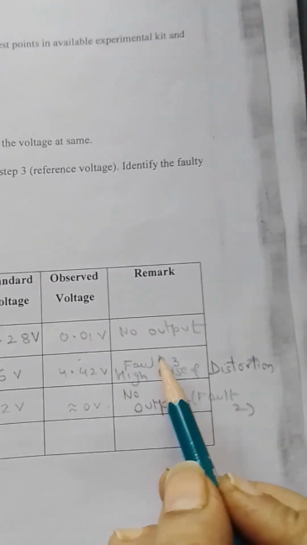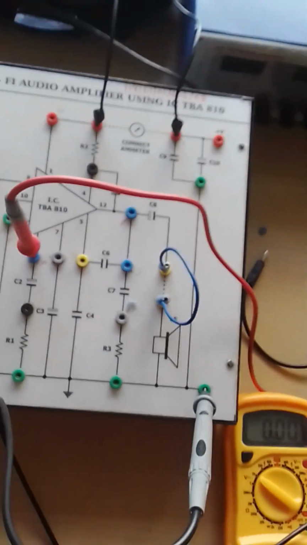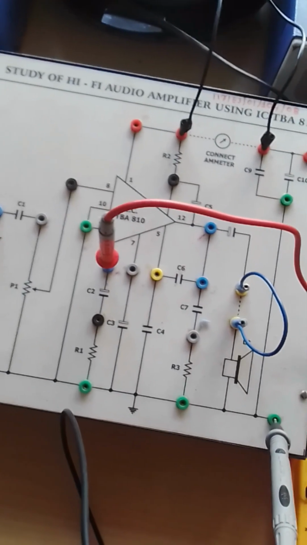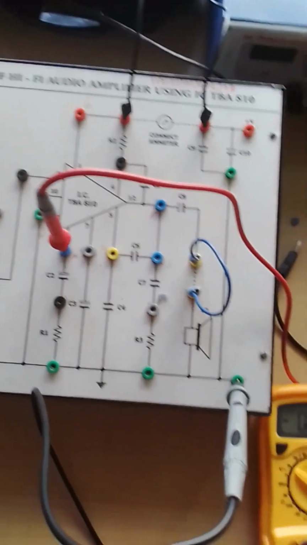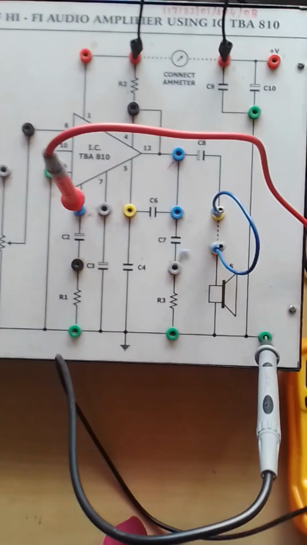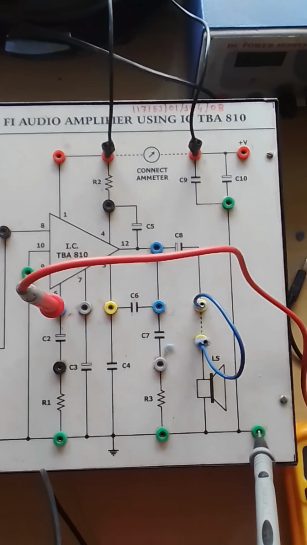So here we can say the observation that no output. That means we get no output when fault 1 is applied. Then we'll see after application of fault 2.